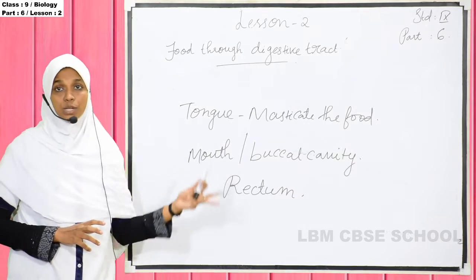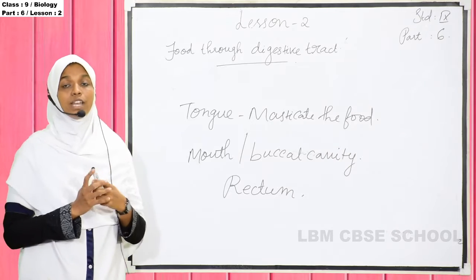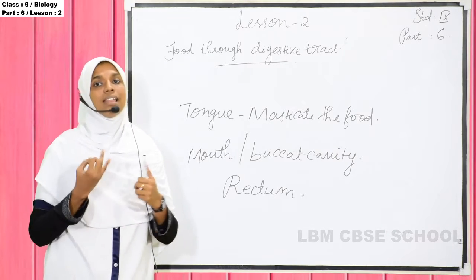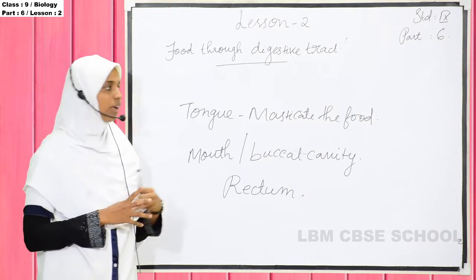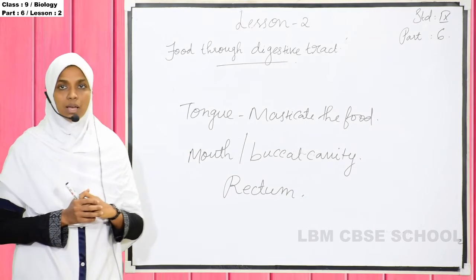So the tongue helps to masticate the food, and digestion starts from the buccal cavity and ends in the rectum. In this digestion process, different parts are involved, such as the small intestine and large intestine.